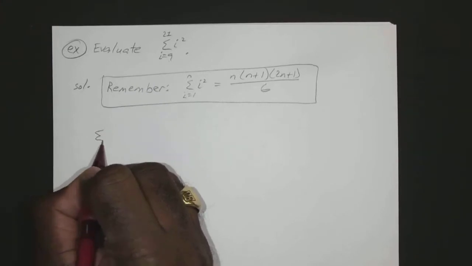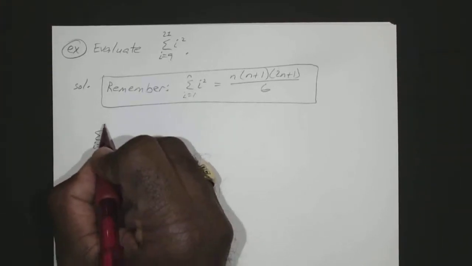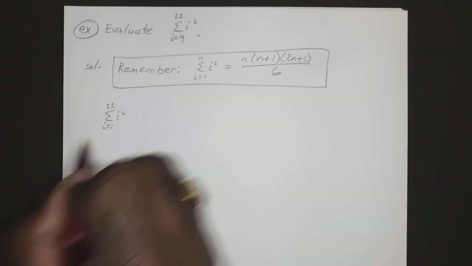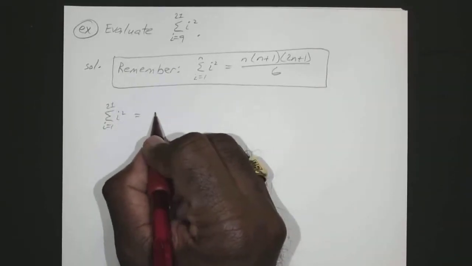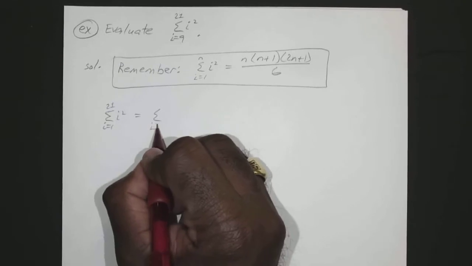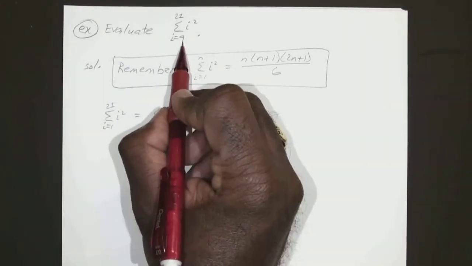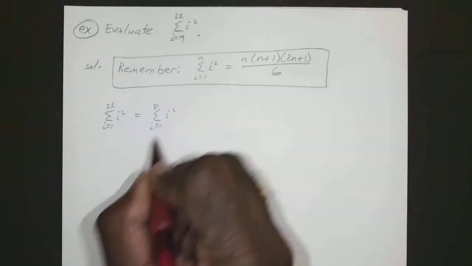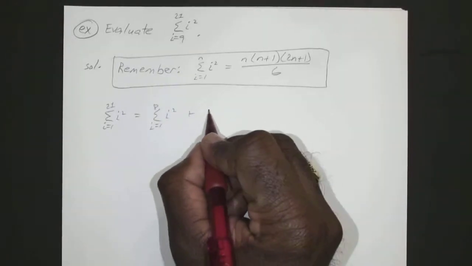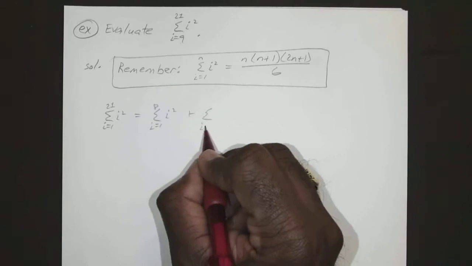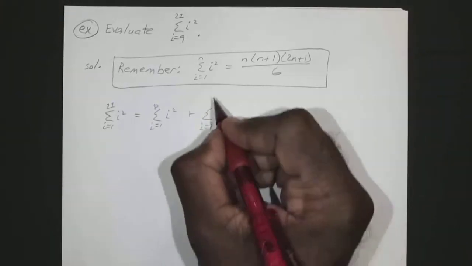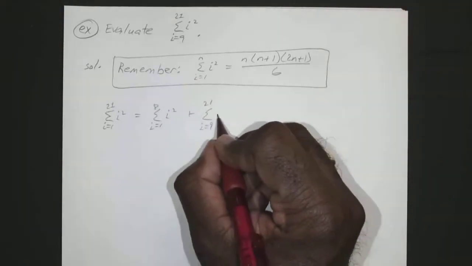So we know that the sum from i equals 1 to 21 of i squared is actually equal to the sum from i equals 1, and since this is at 9, we'll stop this one at 8, of i squared plus the sum from i equals 9 to 21 of i squared.